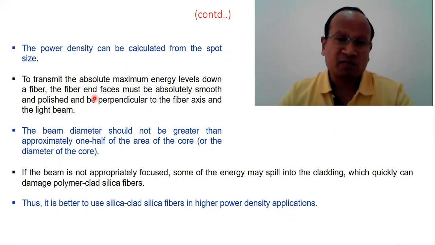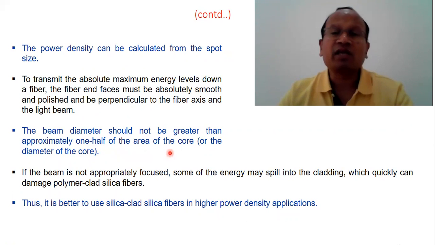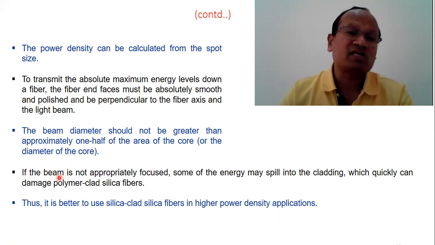The beam diameter also need not be greater than approximately 1/2 of the diameter of the core. Otherwise, there will be more problem. If the beam is not appropriately focused, some of the energy may spill into the cladding that can quickly damage the polymer clad silica fiber.